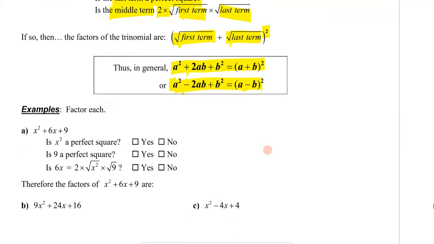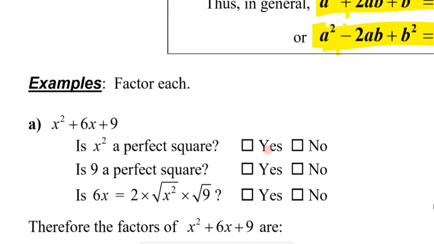So let's look at some examples here. x squared + 6x + 9. You ask yourself, is x squared a perfect square? It certainly is. The square root of x squared is x. Is 9 a perfect square, which is the last term? Yes, because the square root of 9 is 3.